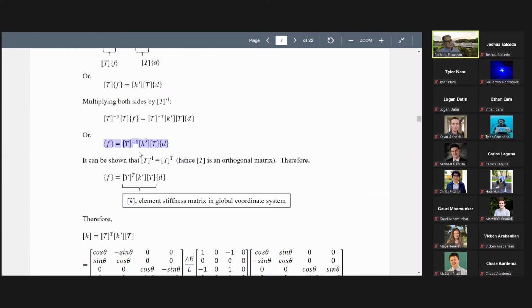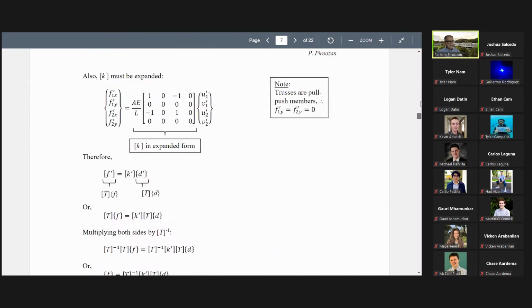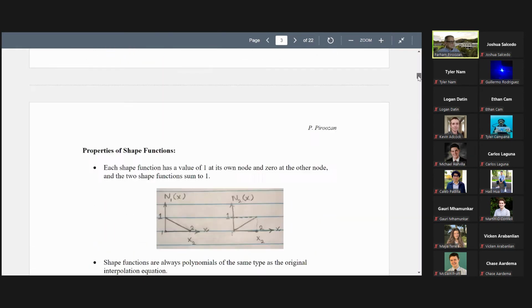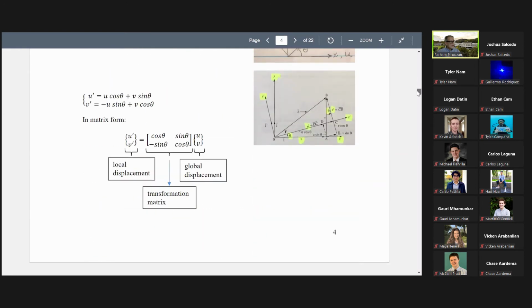Inverse of a matrix is always a little problematic for us. But the good news is that this transformation matrix is orthogonal, which means that its inverse is the same as its transpose. Remember, in activity number 1, you showed that this matrix was orthogonal.